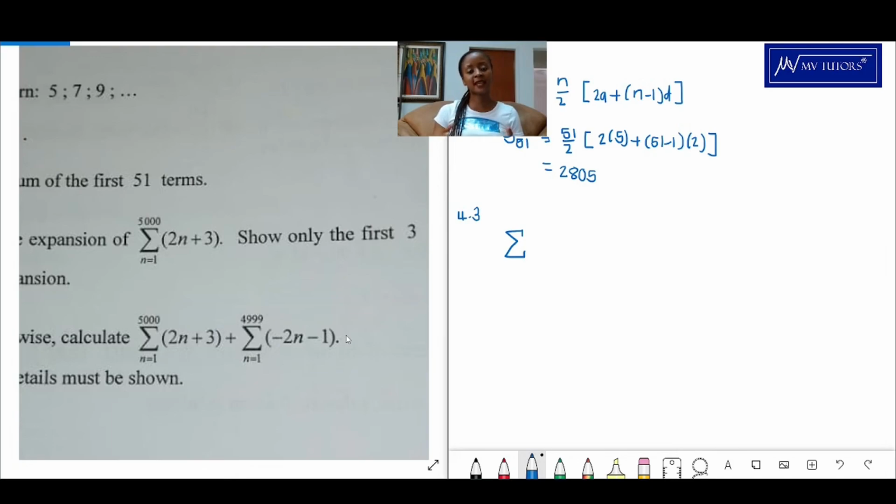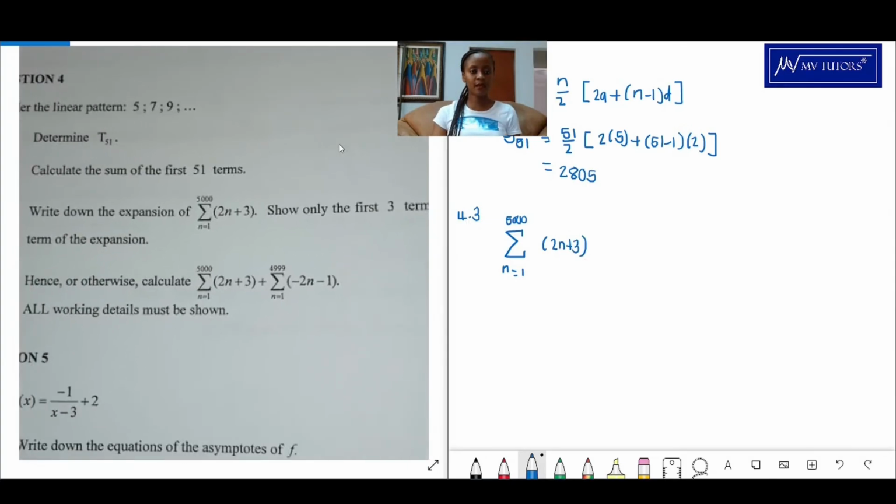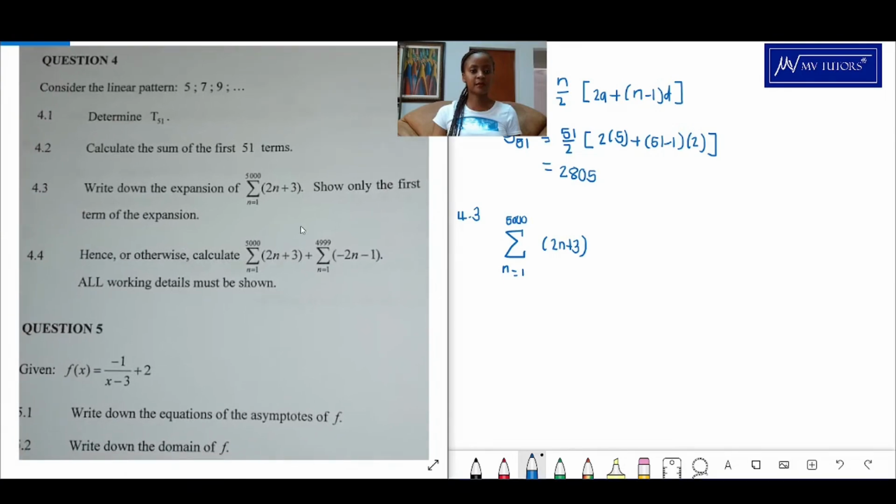So if I take that pattern and I sum up the values from 1 to 5,000, what will I get? Okay, so that's basically what it's saying. Really nothing to be afraid of.